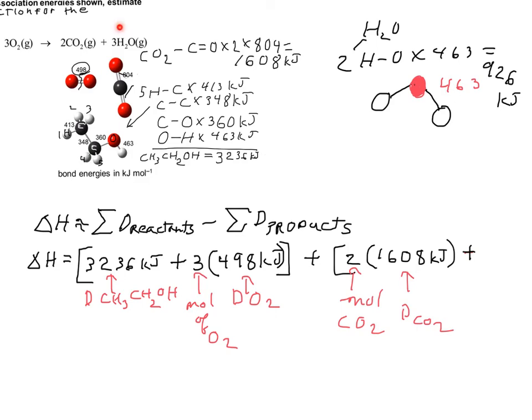If we look at our equation, we have 3 molecules of water, and each one of those waters has a dissociation of 926 kilojoules. So now it's plug and chug.